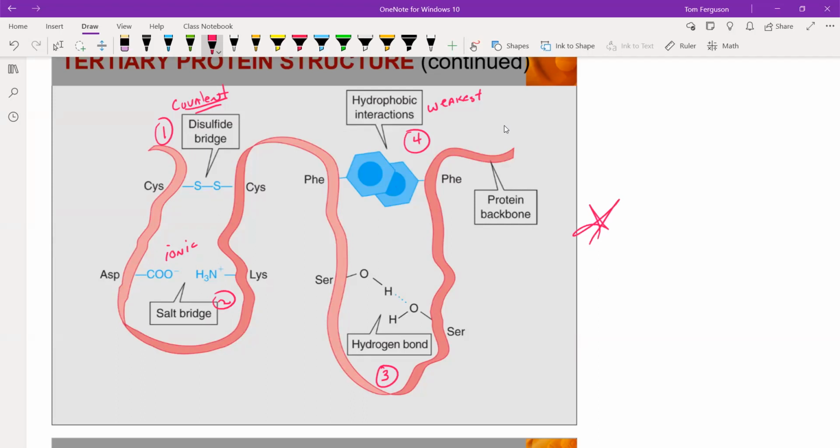So what this means, the stronger the crosslinks, the more stable the protein, in terms of heat and pH.